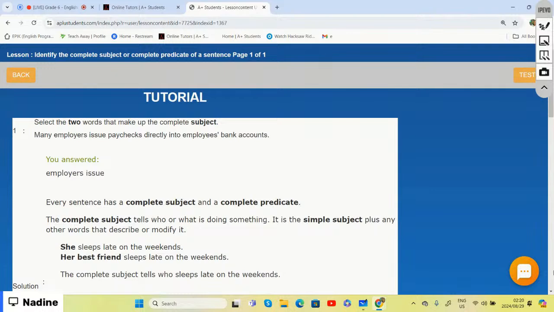It says many employers issue paychecks directly into employees' bank accounts. So many employers issue paychecks directly into employees' bank accounts. We need to select the two words that make up the complete subject.